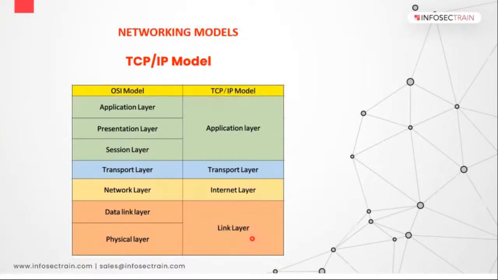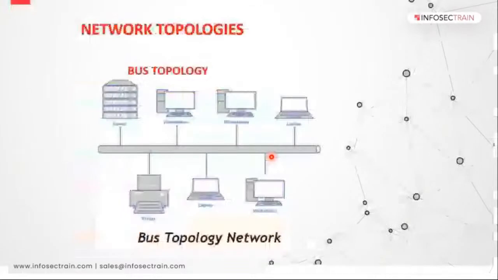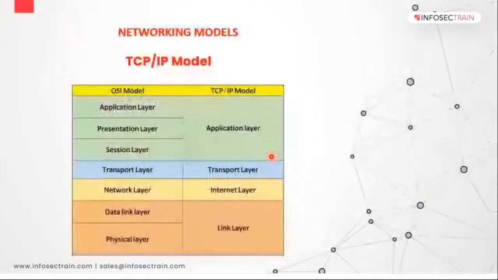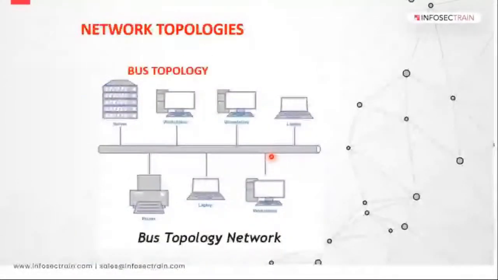So we will have all the working the same, but just the number of layers is less because they have merged the layers, right? Okay. So these are your networking models, right?